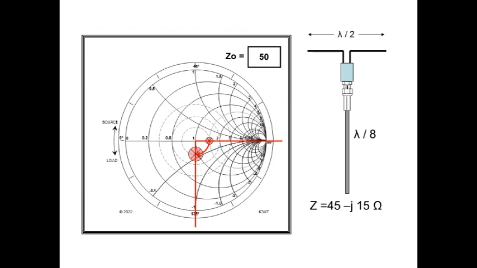The normalized impedance becomes nearly 0.9, minus J 0.3. The impedance then is close to 45 ohms, with 15 ohms of negative, or capacitive reactance. At a quarter wave long, the impedance becomes 33 1/3 ohms.